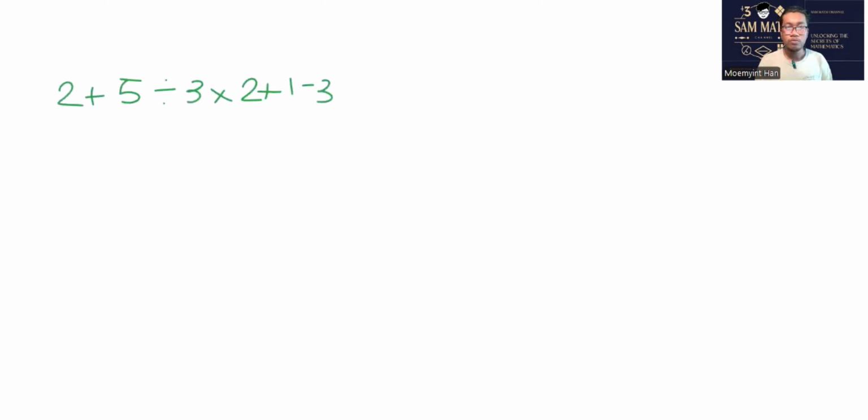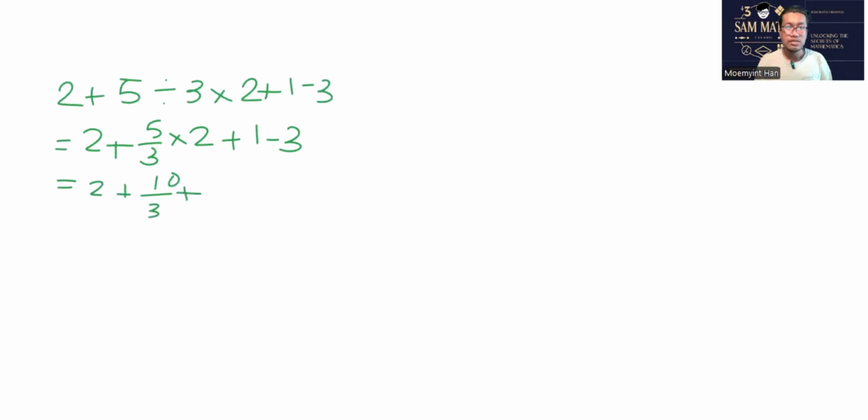We don't have parentheses here and we don't have exponents here, so let's go to level 3, multiplication and division. We have both, so let's do division first, because from the left side we see division first. So 2 plus 5 divided by 3 is 5 over 3, times 2 plus 1 minus 3, which equals 2 plus 10 over 3 plus 1 minus 3.